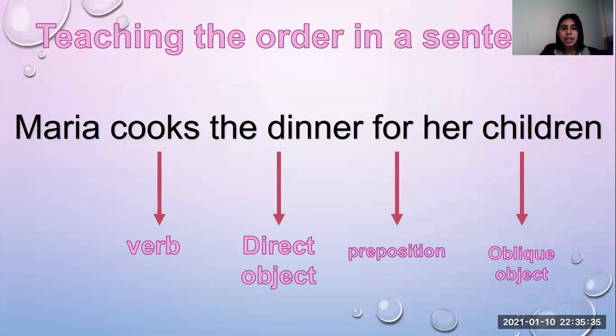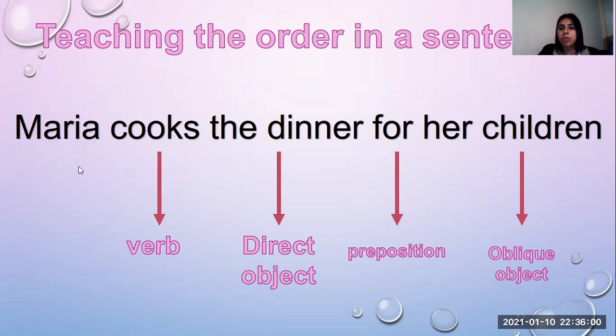And the last one, we have my last tip to teach oblique objects or objects of a preposition. We have to identify the order in a sentence. As you know, the subject is the first part in a sentence.